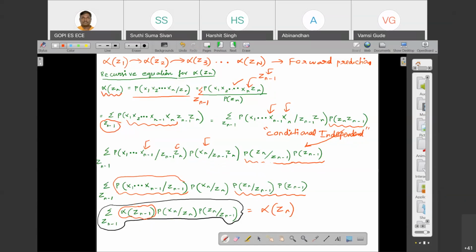This one multiplied with this will give you alpha, because when these two elements are multiplied, you get the probability of x1, x2, and so on up to xn minus 1, comma Zn minus 1. It becomes a joint probability. So when term 1 and term 2 are multiplied, you get alpha. And this probability of xn given Zn is coming as it is, and this probability of Zn given Zn minus 1 is coming as it is, right? So this is the recursive part, alpha of Zn in terms of alpha of Zn minus 1.